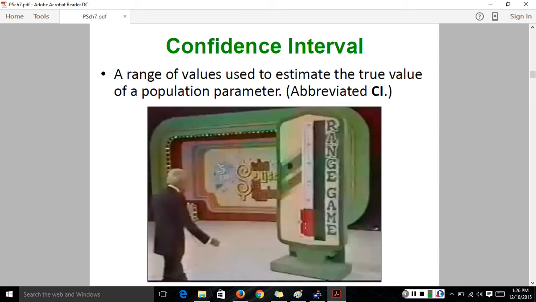The idea is to get the range such that the true price of the car or whatever they're playing for is within that range on the scale. In a confidence interval, that's what we're doing. We're building a range that we are a certain probability or certain proportion confident that the true value of the population mean or proportion is within that range.